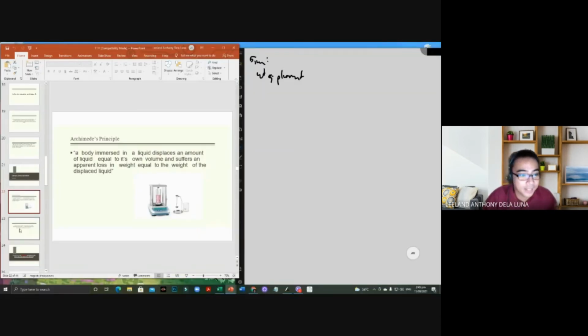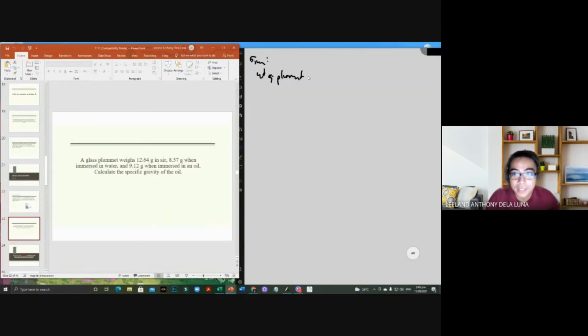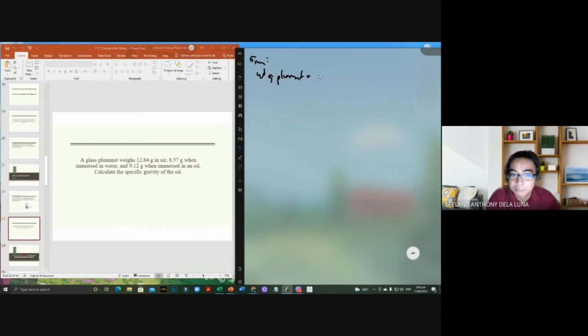So, class, ang weight niya, sabi dito sa ating problem, is equal to, yung empty, 12.64 grams. Ngayon, class, ang weight ng plummet in water is equivalent to 9.12 grams.